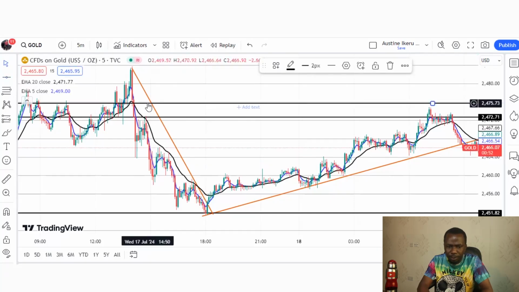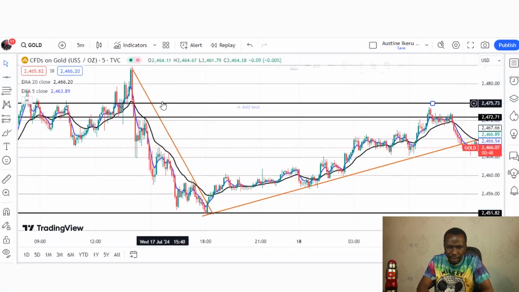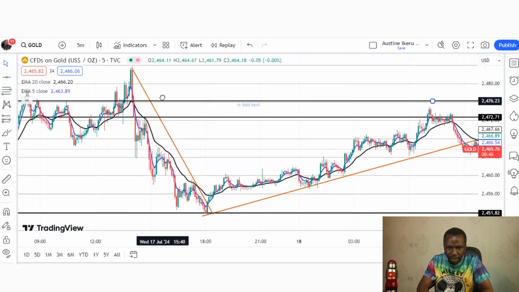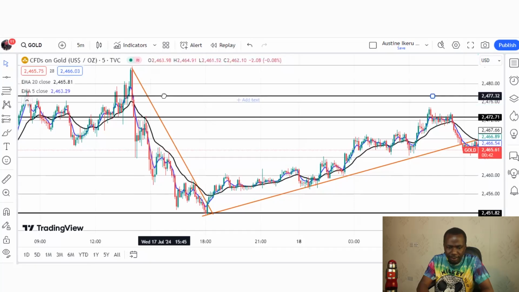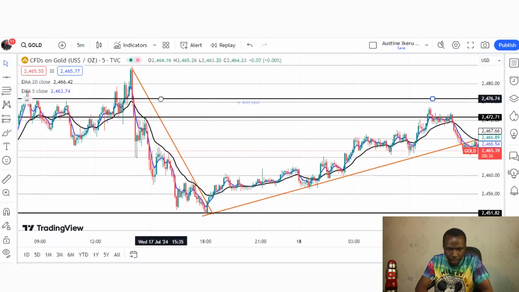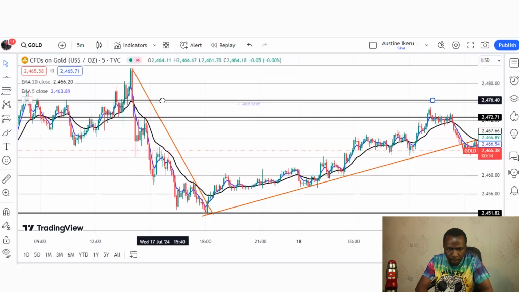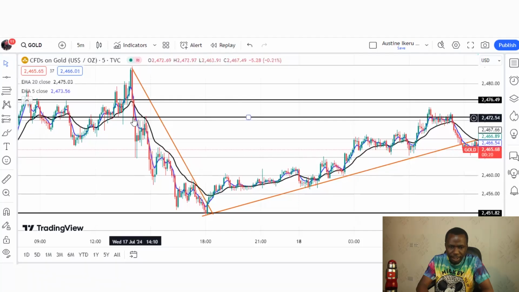Our stop loss must be above the moving average. Since the trend line is still far, no need of using the trend line as our stop loss. So our stop loss will be above the moving average, somewhere here. As long as the stop loss is above the moving average, we're okay. So we take our sell trade here.